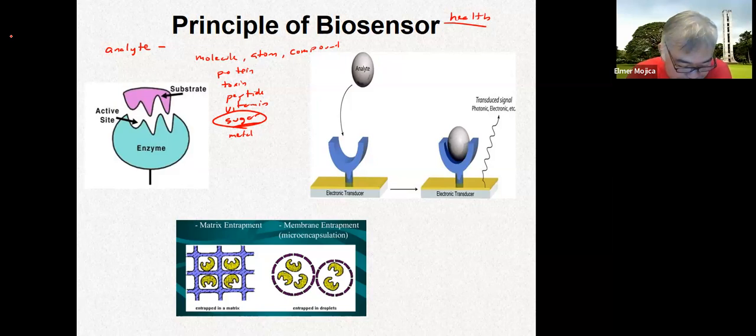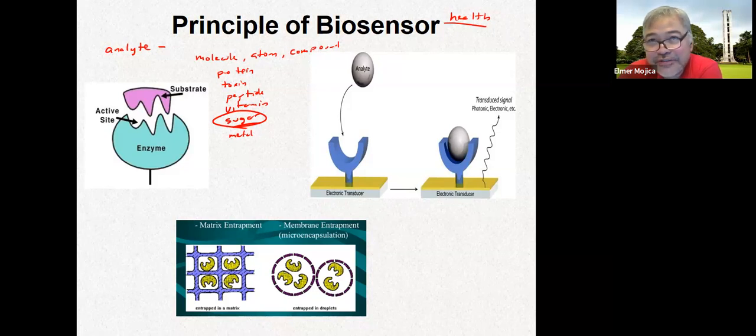Now, the next question that we could ask is, if I found the analyte, what interaction will I use to at least sense or detect the analyte? So anong aanuhin ko dyan?